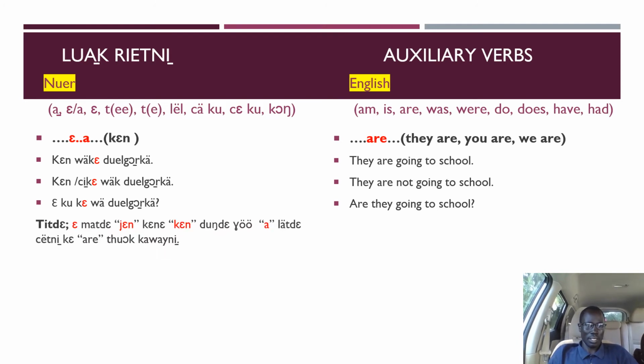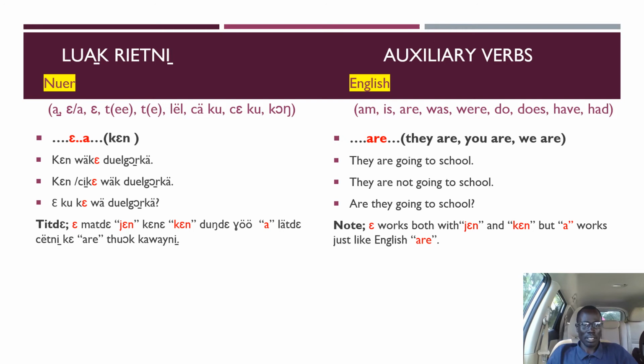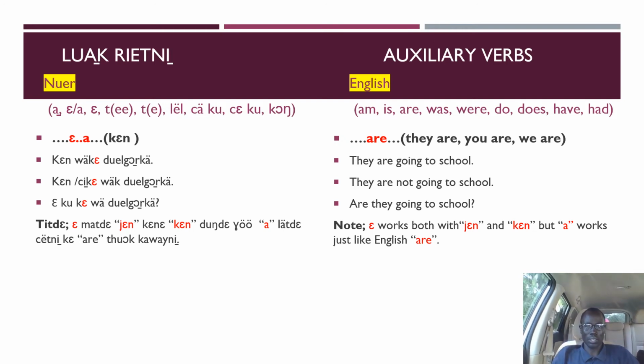Now remember this. Madejen kene ken. This is the little note that I need you to know, that works with both jen and ken, as we've seen before. What does jen mean? It means he, she, and it.